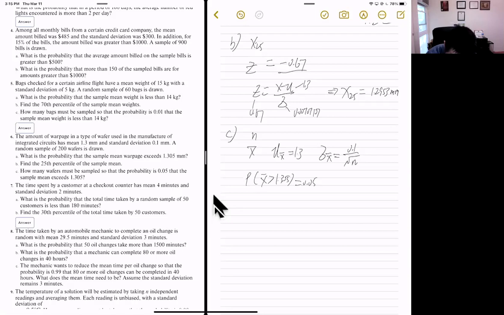Based on table 8.2, we can find the z-score corresponding to the 95th percentile, so only 5% is larger than that value.